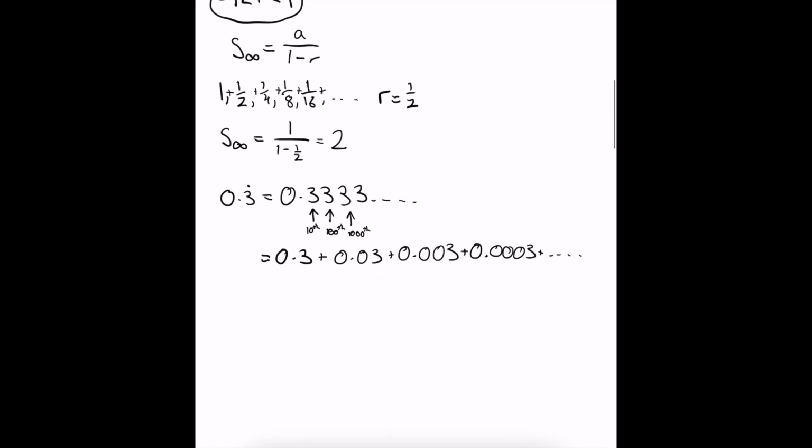We should be able to see that this in itself is a GP, and we have a ratio of 0.1. Obviously that falls between our bounds of -1 and 1. So that means we have an infinite sum and we're going to be able to evaluate this recurring sum.